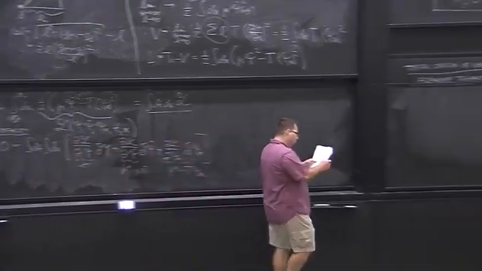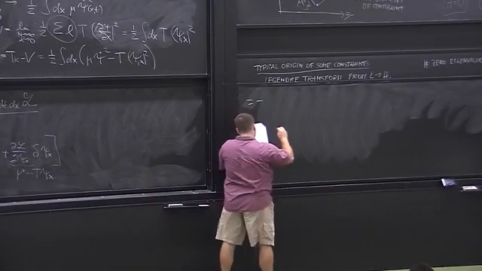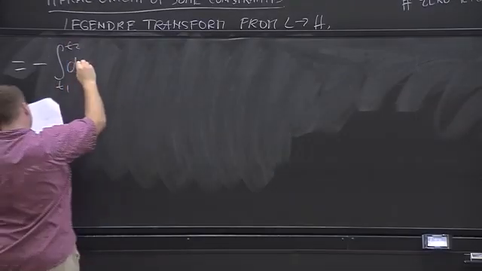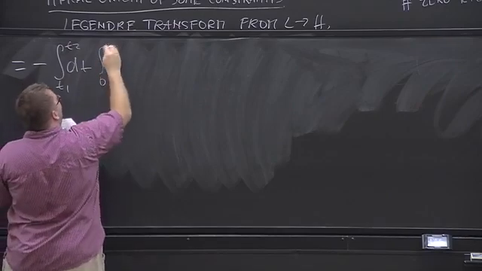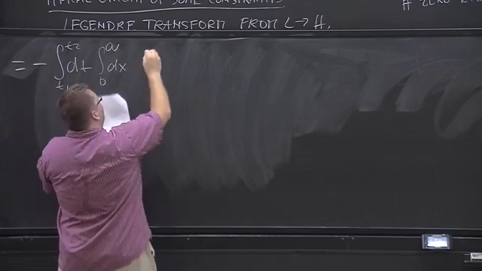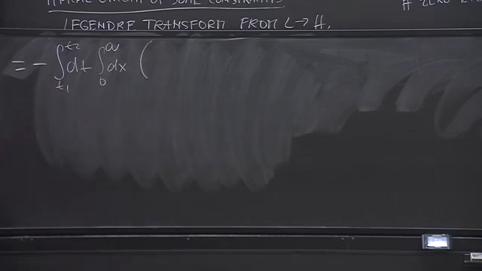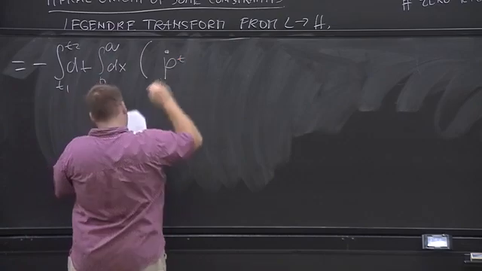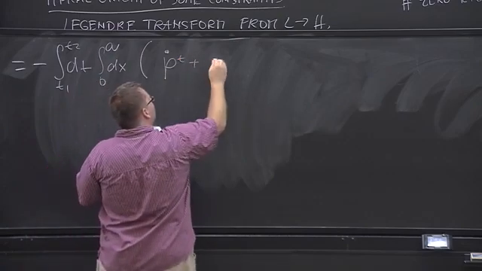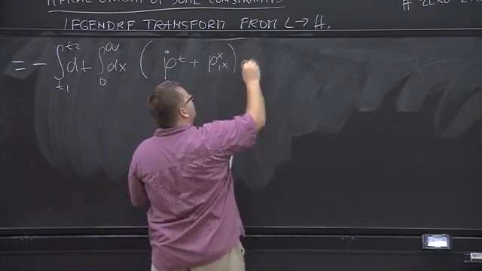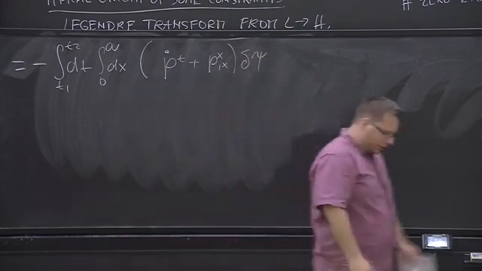So what you get in the end after the integration, t1 to t2, 0 to a, dx, is that you just shifted the derivative from ψ dot into p_t. So you have p_t dot, and then p_x,x delta ψ. So that's after you integrate it by parts.